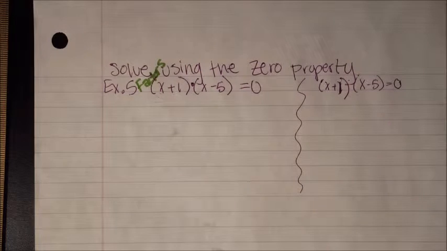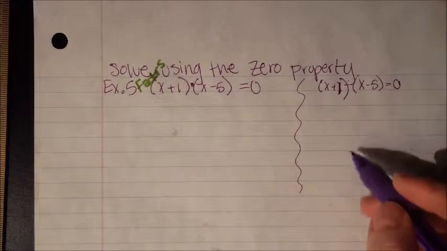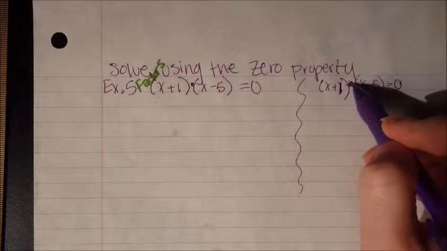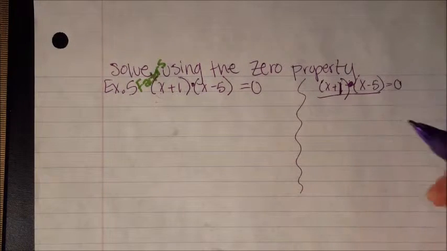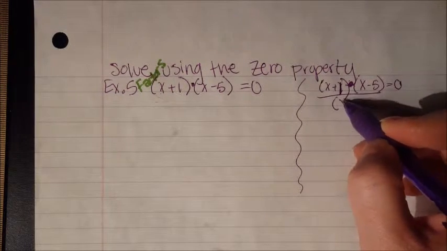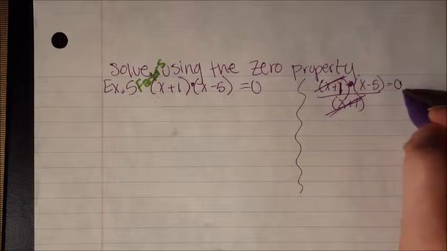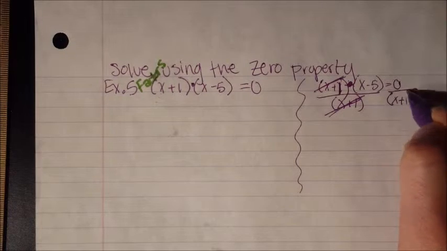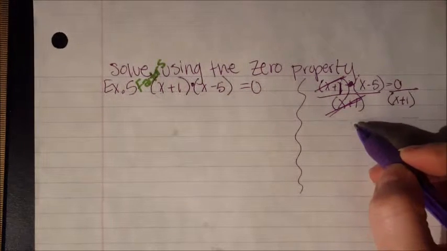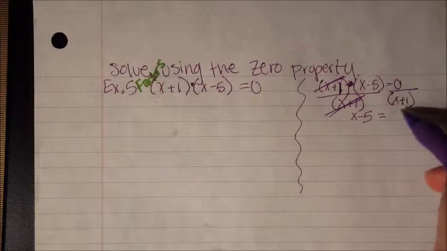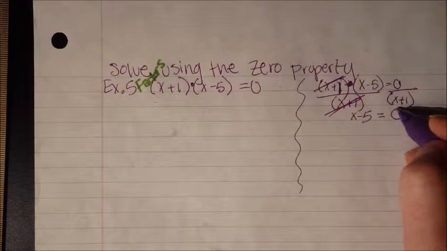I'm going to show you why this is valid, but we're not going to do it this way every time. We're going to do it the shortcut way. Since they're multiplying, I'm going to solve by doing the inverse, dividing by x plus 1. That way it cancels out. It brings down x minus 5 equaling, well, that's 0 divided by something that's non-zero. That's just 0.